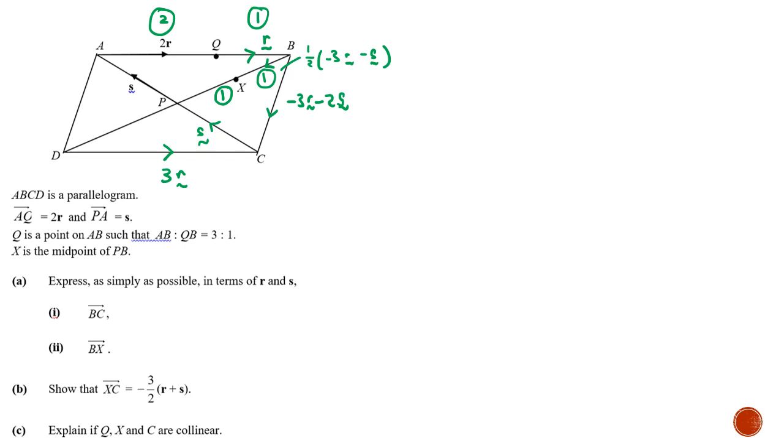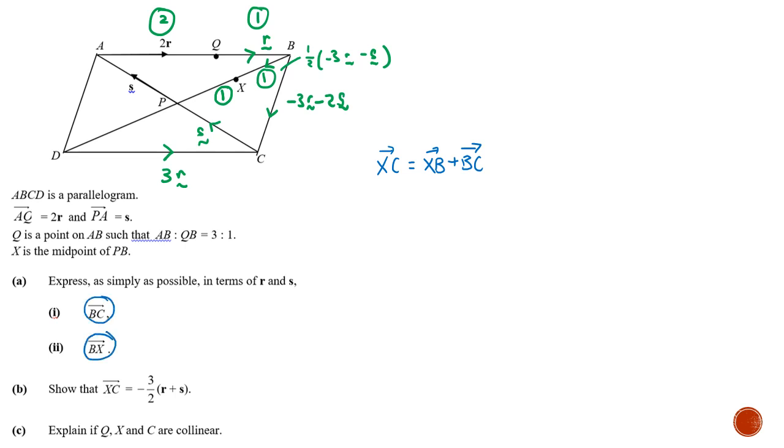We are asked to show that vector XC equals negative 3/2 multiplied by vector R plus vector S. So in order to find vector XC, we will go from X to B and B to C. And we realize that earlier on we already have vector BX and vector BC.